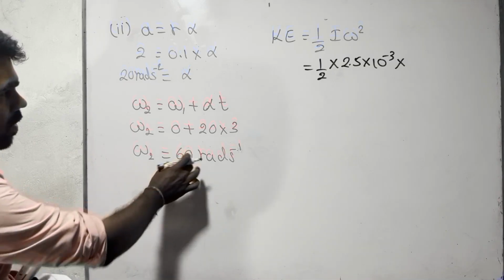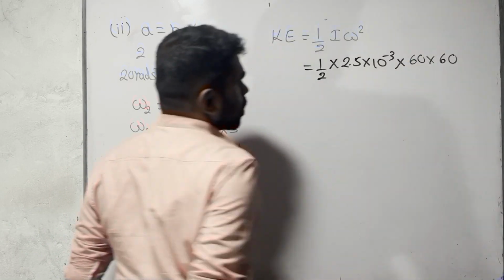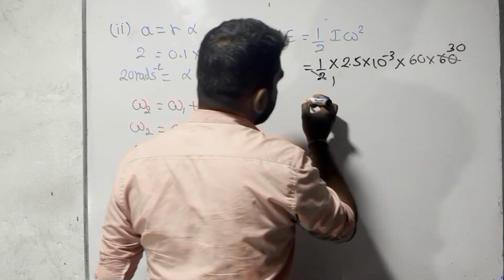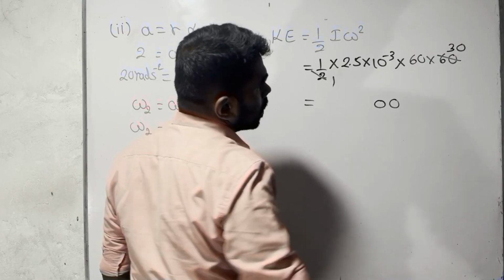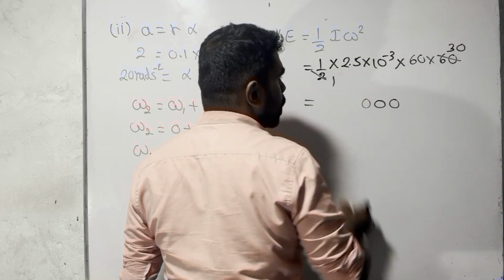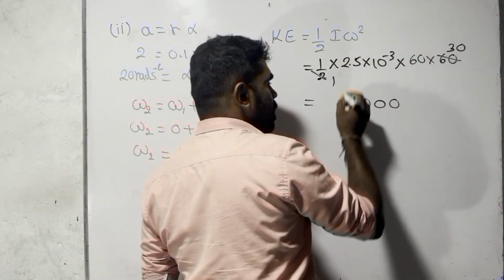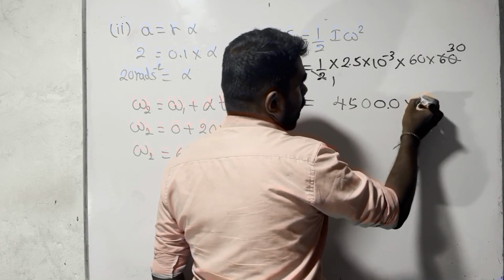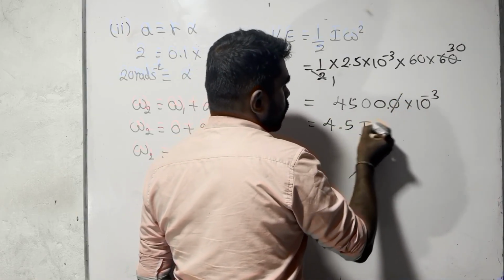The omega value is this one, 60, then 60 squared. 2 divided by 2 is 1, 60 divided by 2 is 30. Then 3 into 6 is 18, 18 into 5 is 90, 0, 9 remaining, 18 into 2 is 36 plus 9 is 45, one decimal place, and 10 to the power minus 3. It is 4.5 joules.